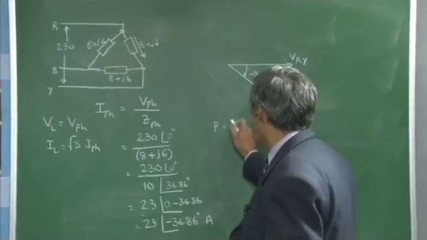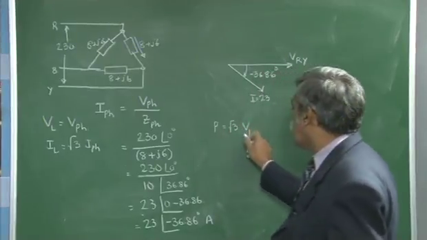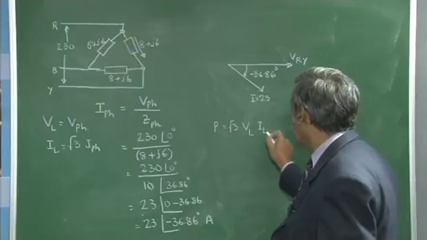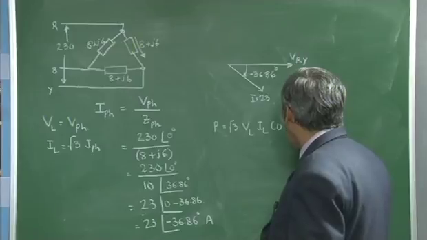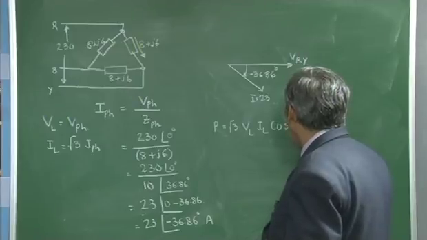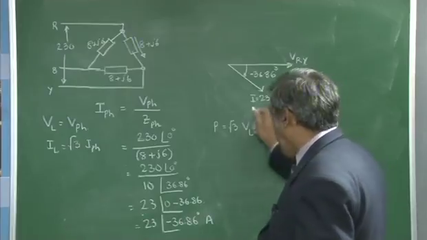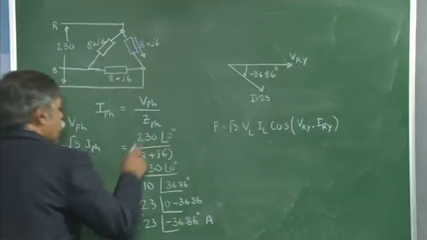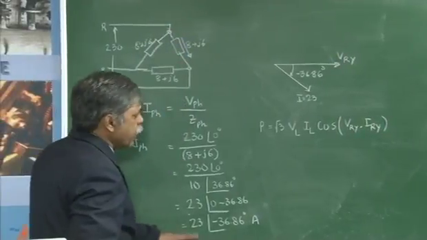P is equal to, as it is a three phase system, root 3 V_L I_L cosine of the angle between V_RY and I_RY. The current is I_RY because the phase voltage we are taking is V_RY.